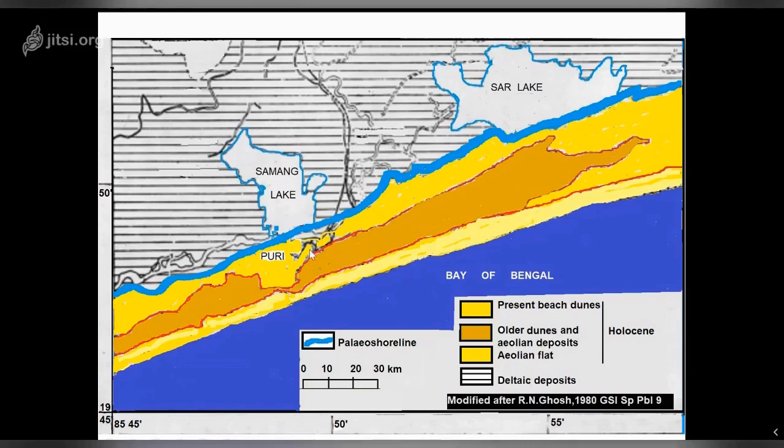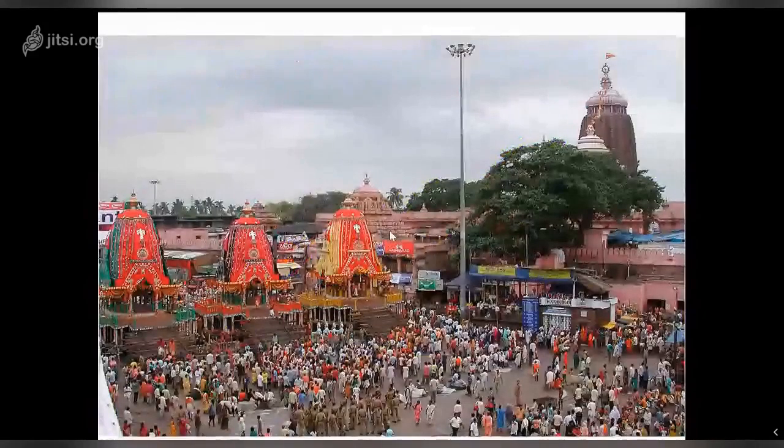And the most important part of Puri temple is the car festival, the Rath Yatra, which was held recently on 23rd June, when all the 3 idols of Lord Jagannath and the siblings are taken out on a procession, when it is available for everybody to see. This is a great festival, and people do come to see from far off places.